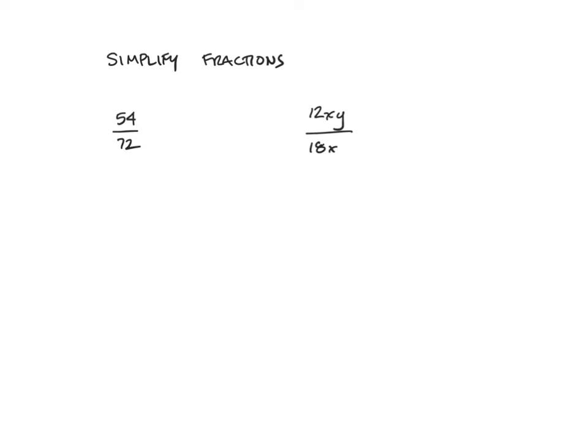Many people do this different ways. Most of us, from what I have seen, we simply look at the numerator and the denominator and we go, ooh, 2 goes into both of these, and then we divide out a 2. And then we do it again. We go, ooh, 3 will go into that, and then you keep going from there. It's not the most efficient way of doing it.